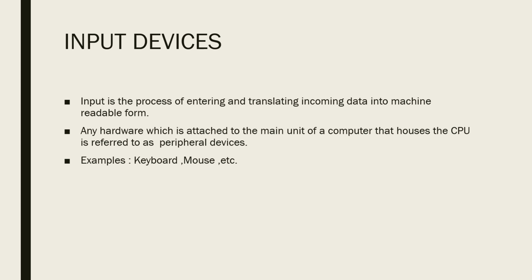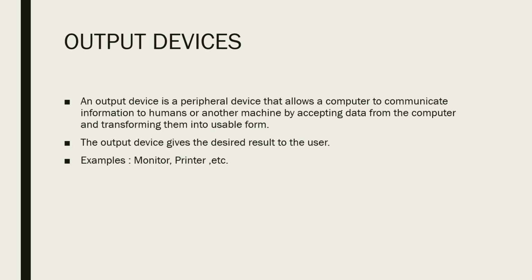Input devices are hardware attached to the main unit of a computer that houses the CPU, referred to as peripheral devices or input peripheral devices. Examples are keyboard, mouse, etc.